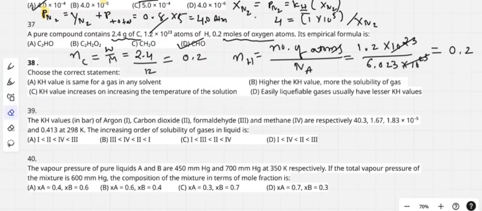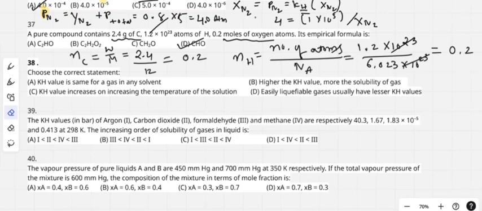Choose the correct statement. KH value is the same for a gas in any solvent. Higher the KH value, more the solubility of gas. KH value increases on increasing the temperature of the solution. Easily liquefiable gases usually have lesser KH values.